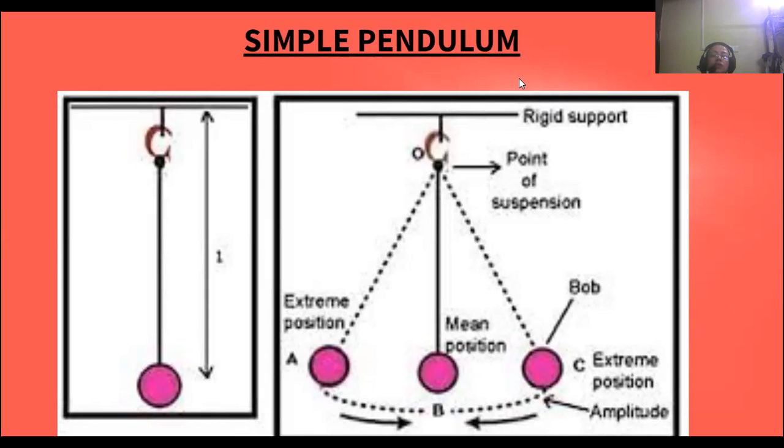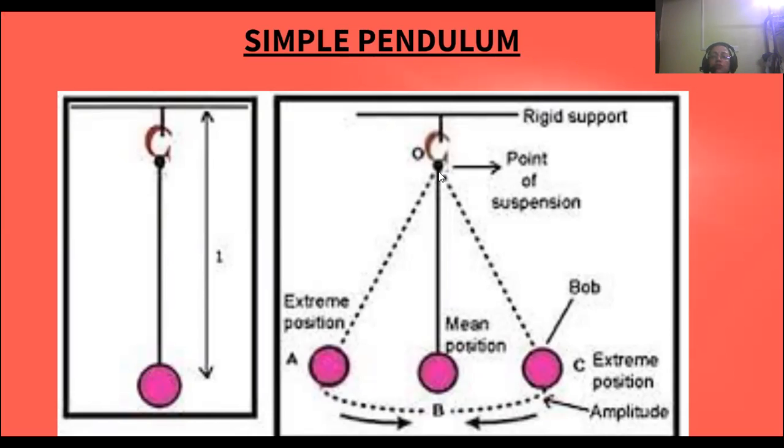This is the picture of the simple pendulum. You can see this is the bob, attached to a string. One end of the string is attached to the bob, and the other end is attached to the rigid support. And this is the point of suspension where the thread is attached.